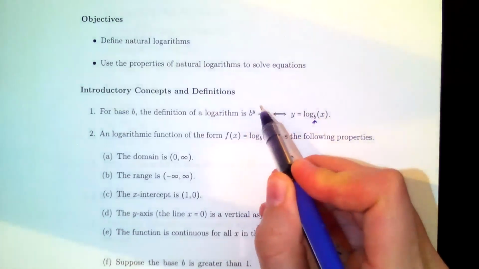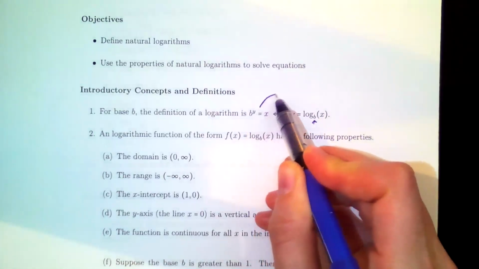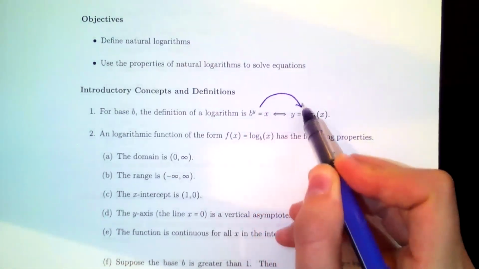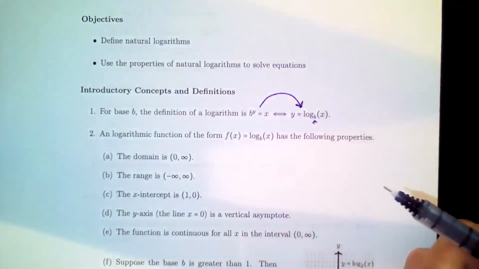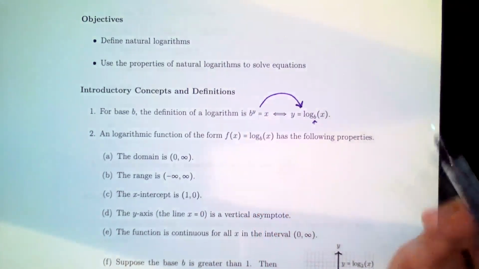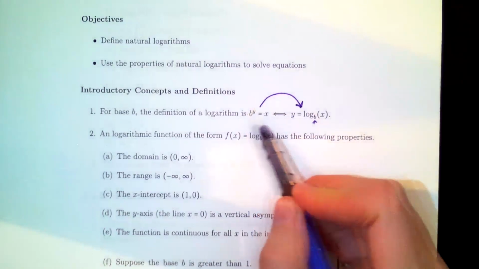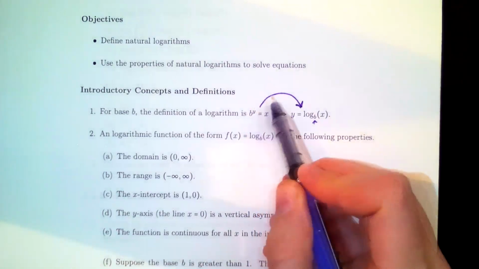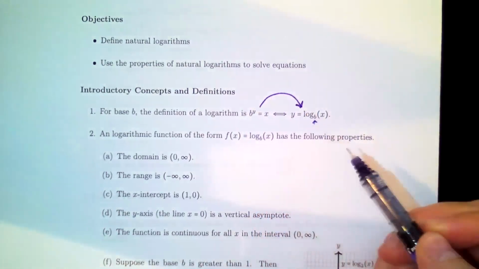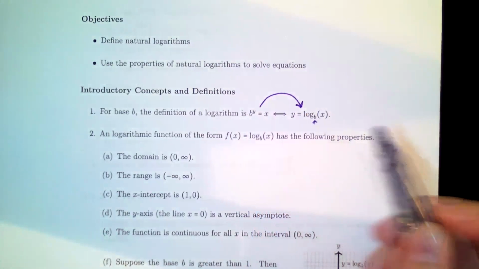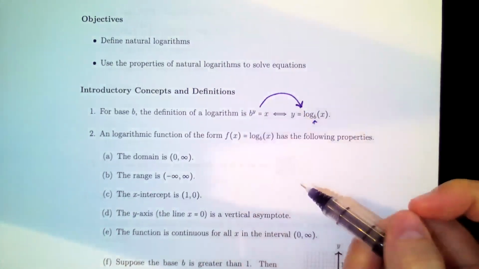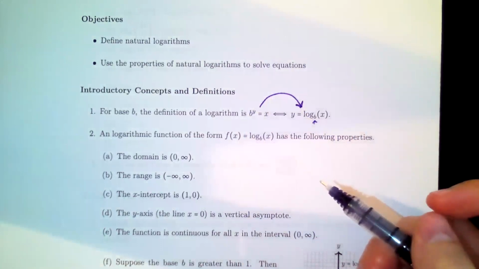You can convert an exponential equation into a logarithm, just like if you're translating a sentence from English into Spanish, you have a certain sentence in one language that then gets translated into a sentence in a different language. So you can think about logarithms and exponentials as being related this way.